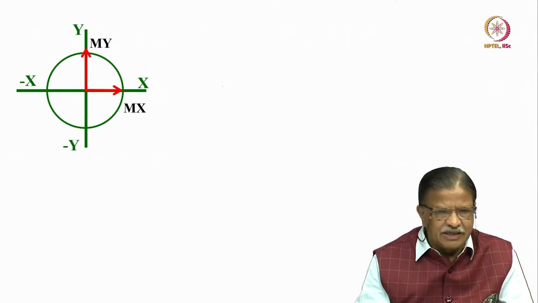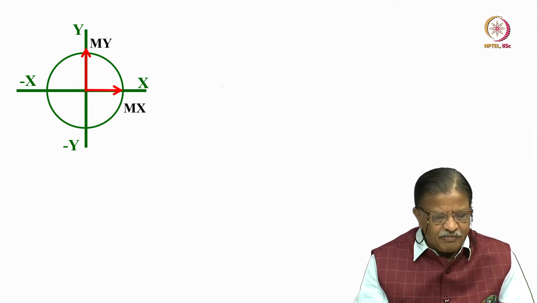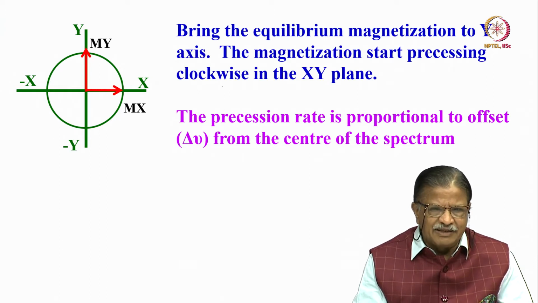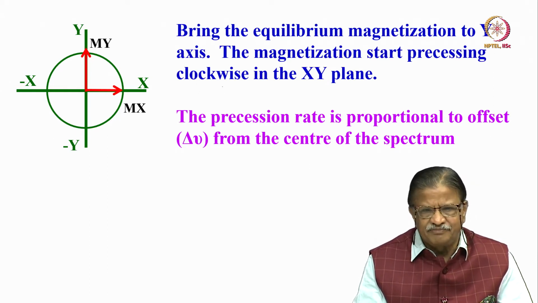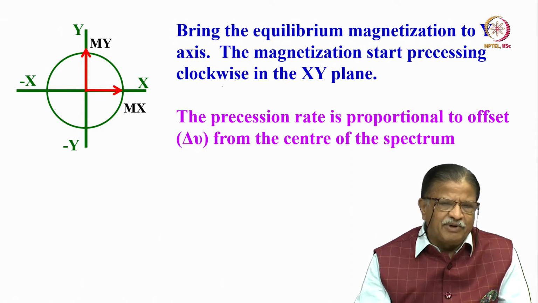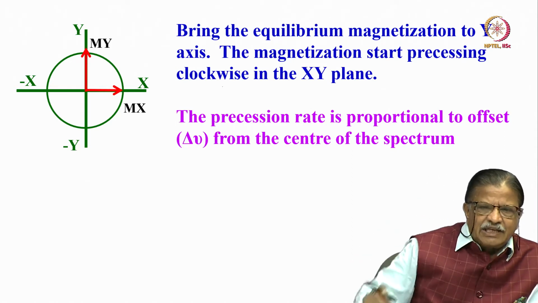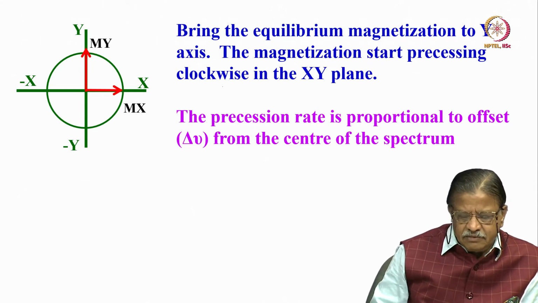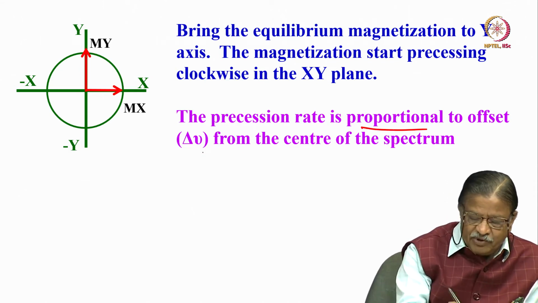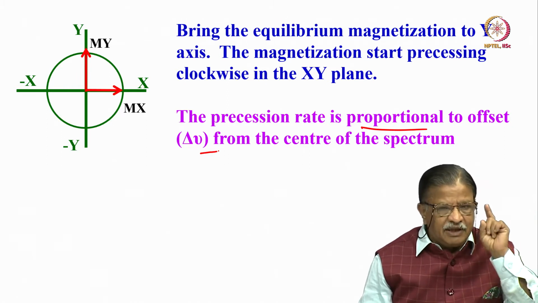Now consider a situation where we bring the equilibrium magnetization to y axis. What will happen to the magnetization? It starts precessing in the clockwise direction in the xy plane. The precession rate is proportional to the offset from the center of the spectrum. This is very important.